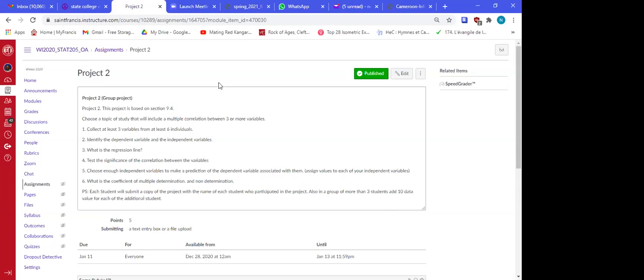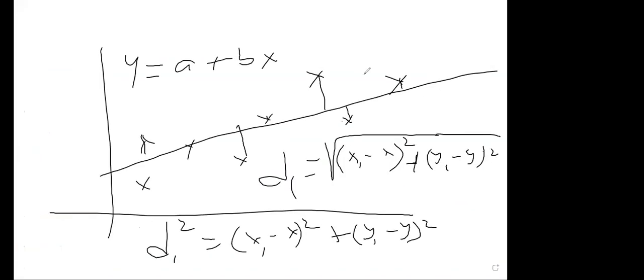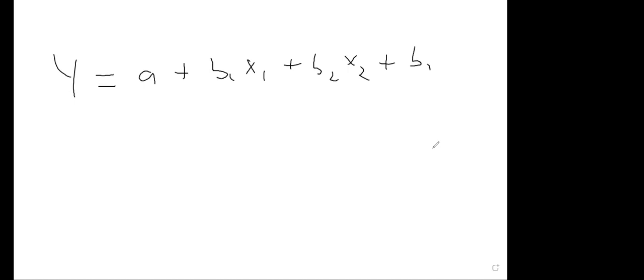So with this example, we are going to practically do one. So we are going to have the student score is Y, and we are going to say the slope is A plus B1 X1, where X1 is the time spent studying, plus B2 X2, anxiety level, maybe plus B3 X3, maybe time of the test.